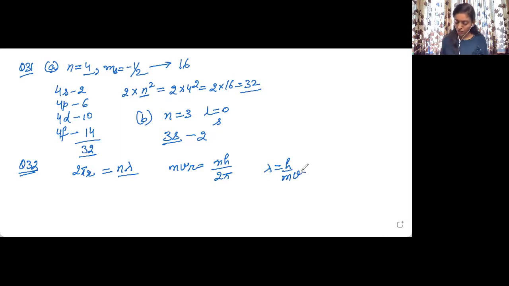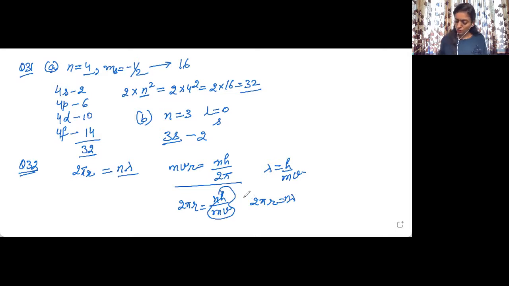We just need to rearrange the equation. So 2 pi r is equal to nh upon mv, or 2 pi r is equal to n lambda, because h upon mv is equal to the de Broglie wavelength, that is lambda.